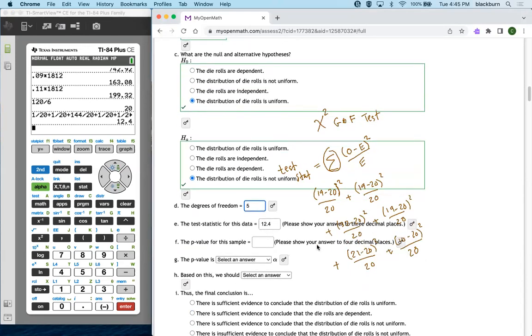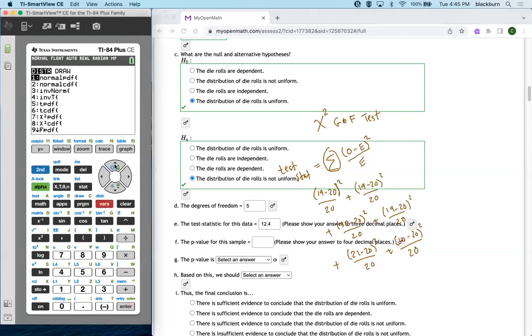Now the p-value, and this is for those of us that don't have the chi-square GOF test, but the p-value, you're going to go back to the distribution menu from back in the day, and we want chi-square CDF, and that's chi-square CDF right there. Hit enter. It asks you for a lower bound. The lower bound is always the test statistic.